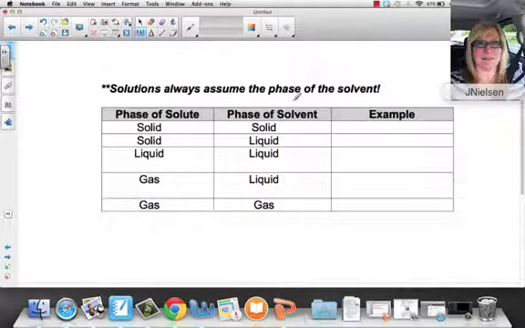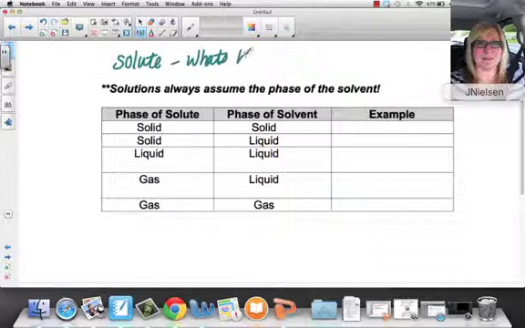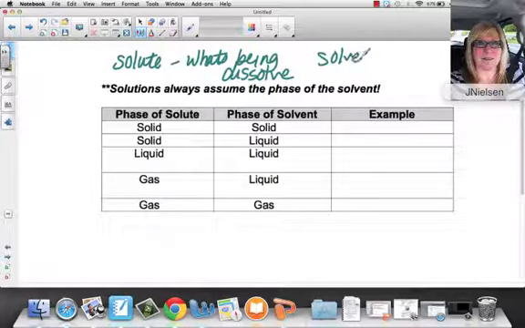Solutions always assume the phase of the solvent. Well, remember, you have the solute, what's being dissolved, and then you have the solvent, what's doing the dissolving.